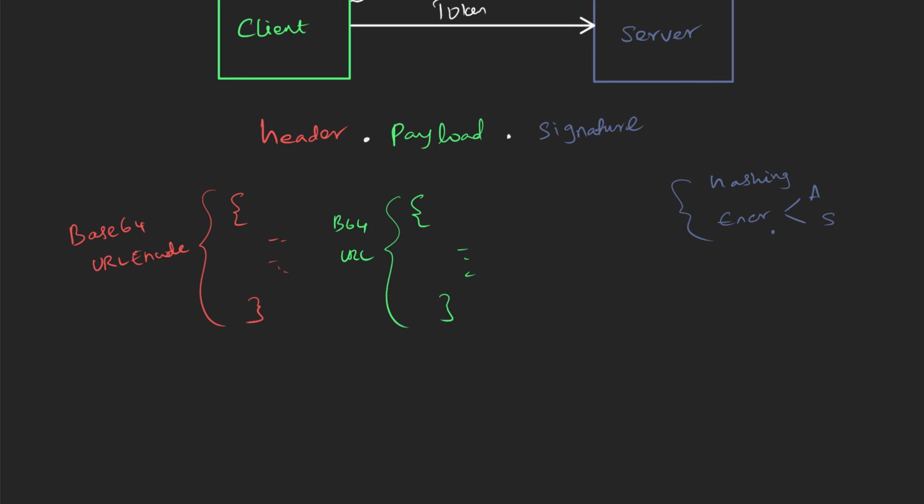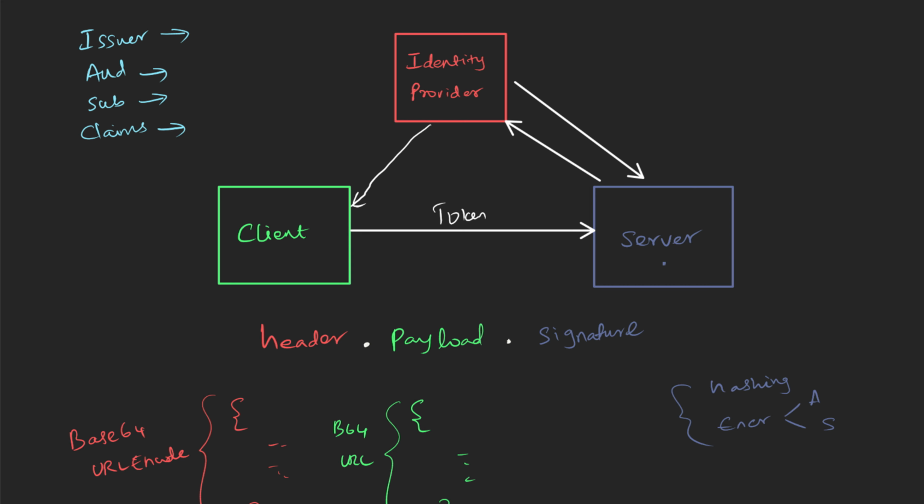Let's understand what happens on the server when we send this JSON Web Token. The JSON Web Token goes to our server, and the server is going to first validate whether this is a valid token or not. For validation, it doesn't have to go to the identity provider. All it needs to know is, if a hashing algorithm is used for creating the signature, what hashing key was used, so it can verify the token.